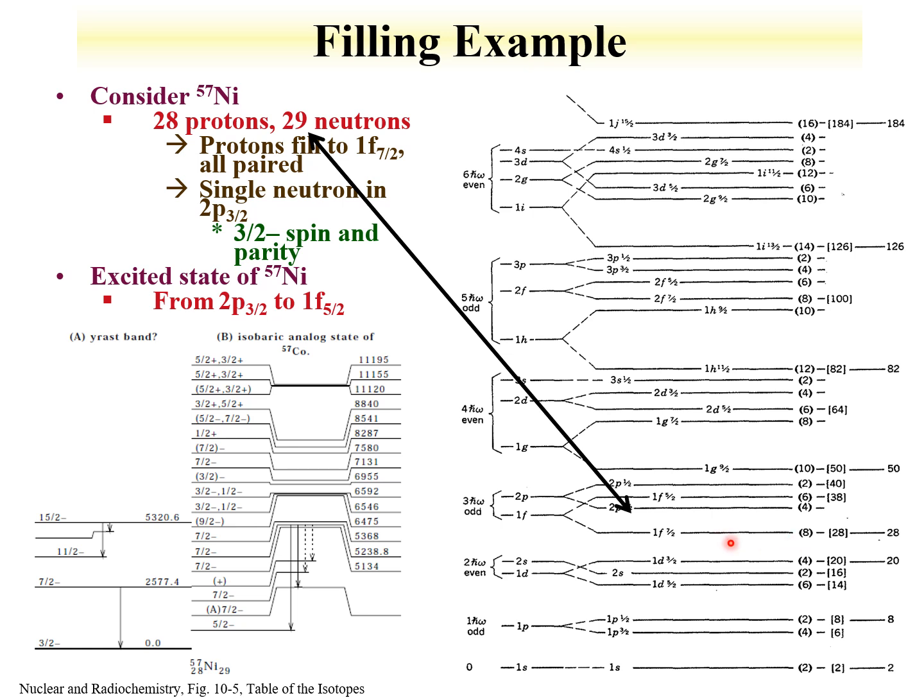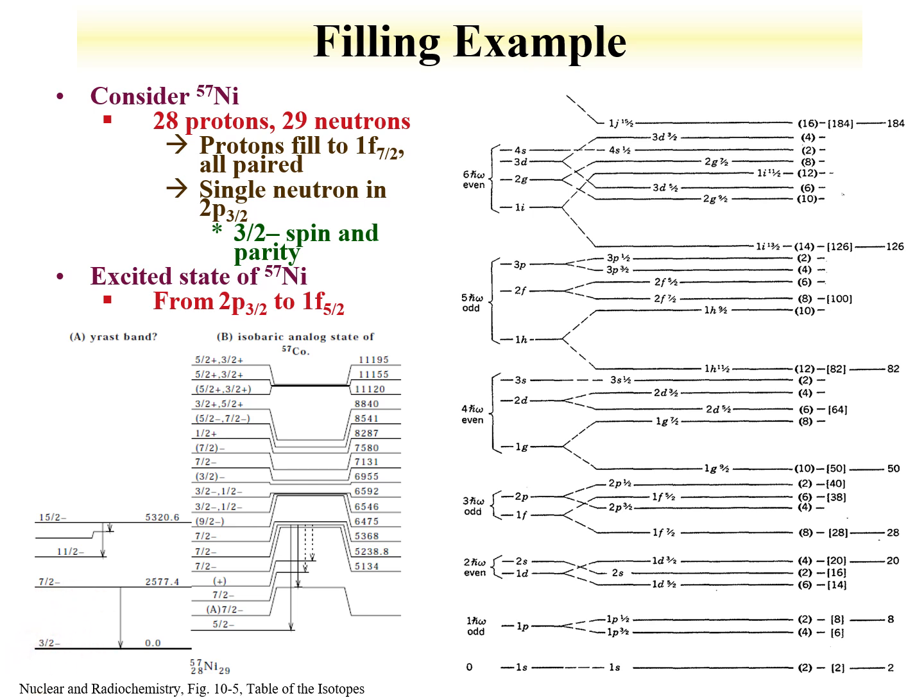That 29th lives in the 2p 3/2 orbital. p has an angular momentum of 1, so negative parity, 3/2. We would expect the spin and parity of nickel-57 to be 3/2 minus, and sure enough, the ground state is.